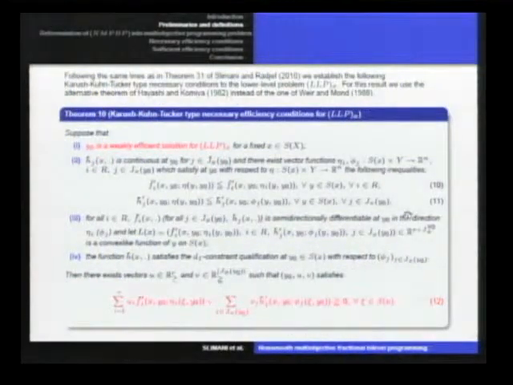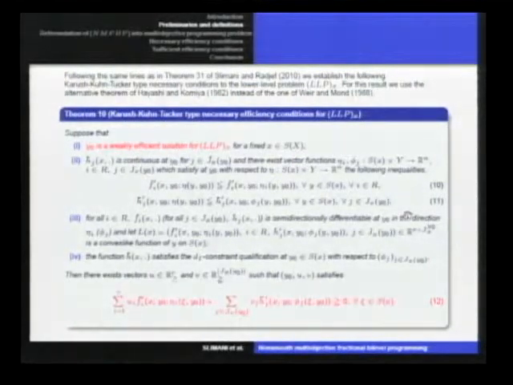Thus, we have established the following Karush-Kuhn-Tucker type necessary efficiency conditions for the lower level problem LLPx. If y0 is a weakly efficient solution for LLPx for a fixed x, under some conditions of convex likeness and constraint qualifications, we obtain that there exist some Lagrange multipliers u and v such that relation 12 is satisfied.